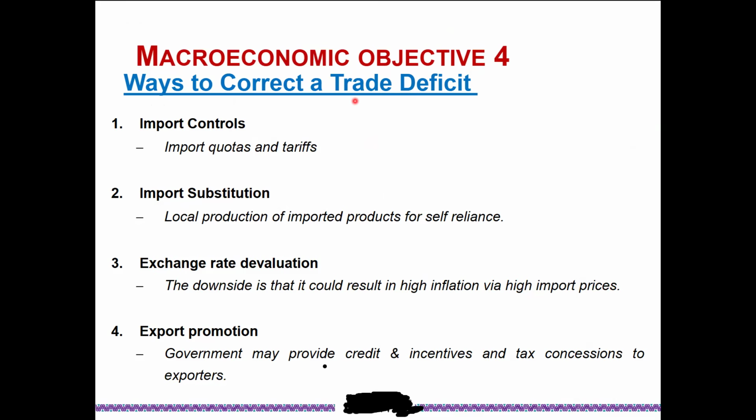So let's say a person from the US wants to purchase something here in SA. The government will allow that person to purchase that particular product on what? On credit, in order to increase our exports. Or it can provide incentives or tax concessions, right? A tax concession is basically a reduction in the tax for certain individuals, right?